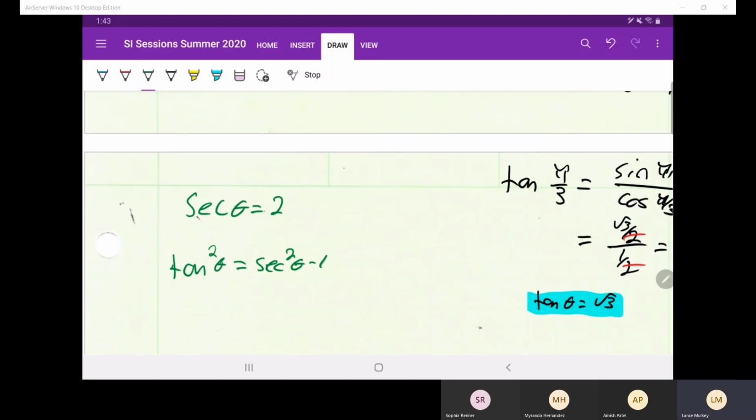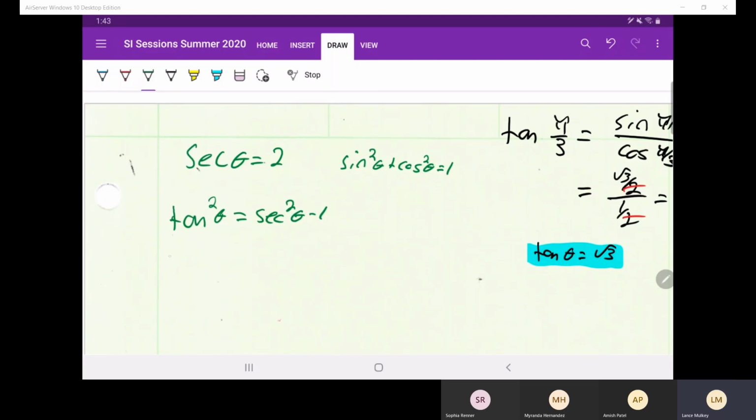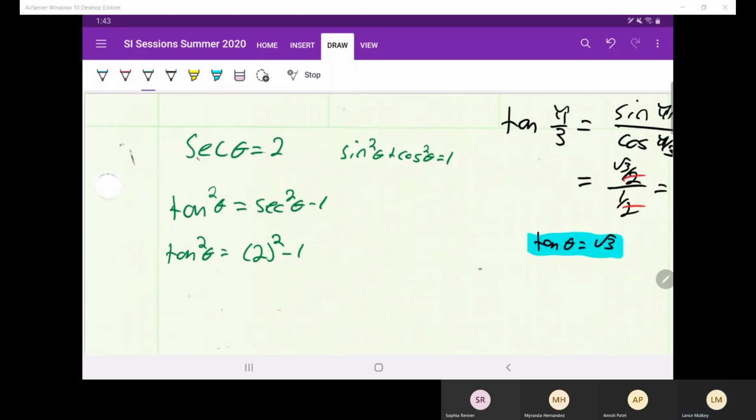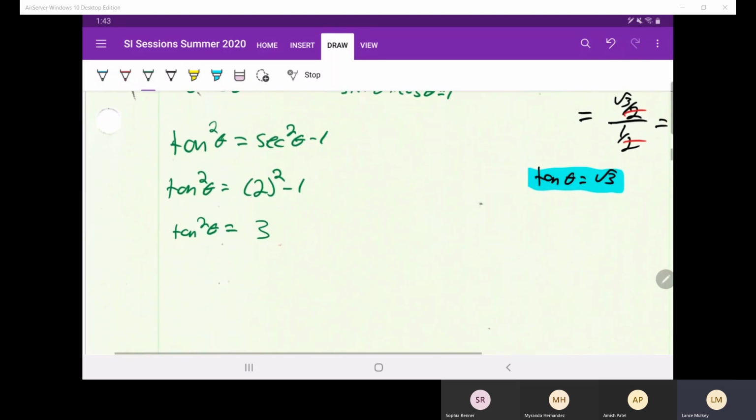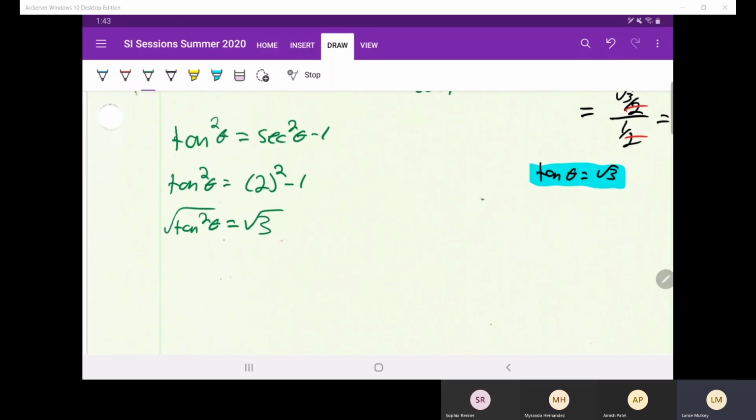It's based off of this: if you divide everything by cosine squared and subtract the left from the right, you get this equation. So what this equals is 2 squared minus 1, which equals 3. Y'all know what 2 squared is. So we take the square root.